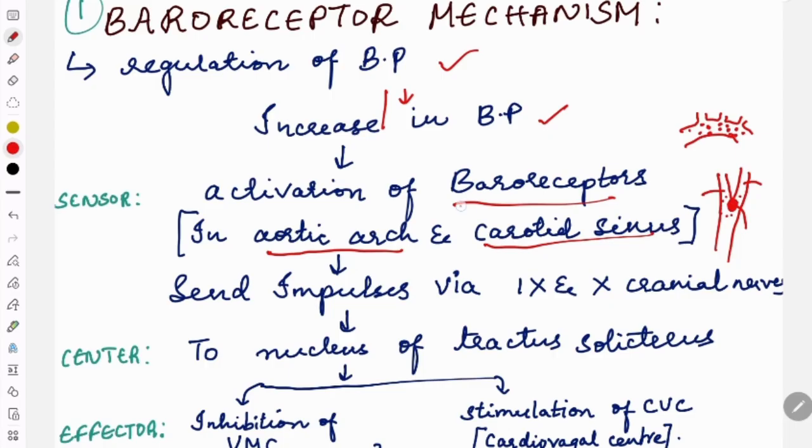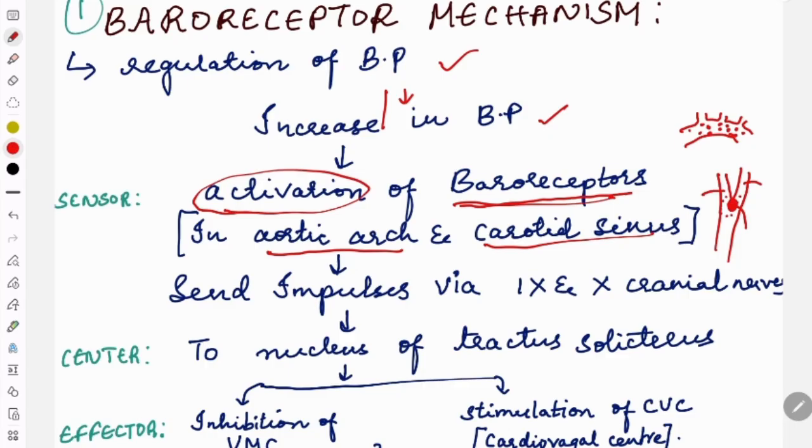These baroreceptors are specialized receptors responsible for detecting the change in blood pressure. Once there is an increase or decrease in the BP, they detect the change and get activated.